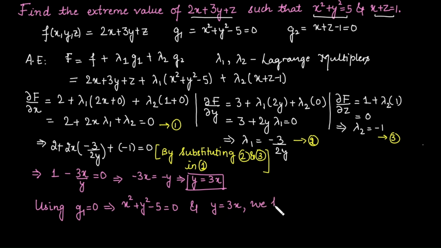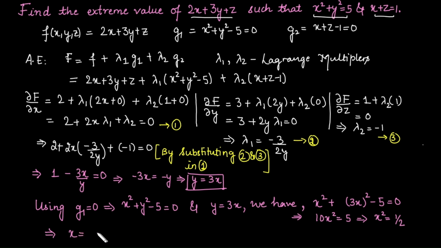We have x square plus 3x square minus 5 is equal to 0. This implies 9x square plus x square is 10x square is equal to 5. This implies x square is equal to 1 by 2. From here, we have x is equal to plus minus under root 1 by 2.